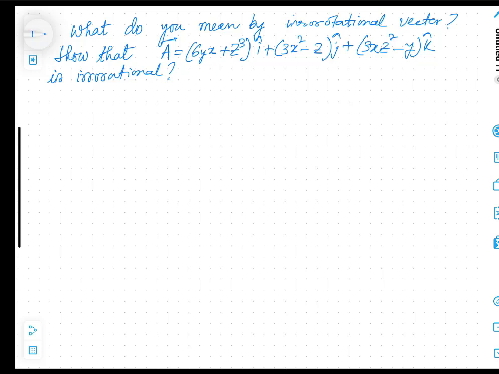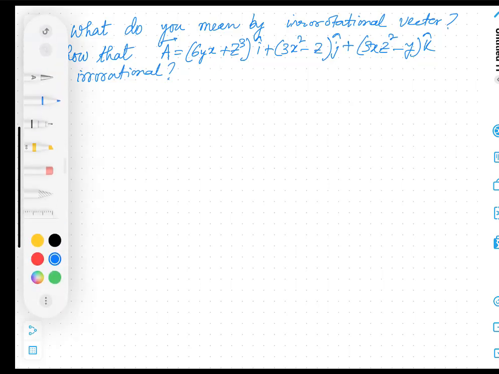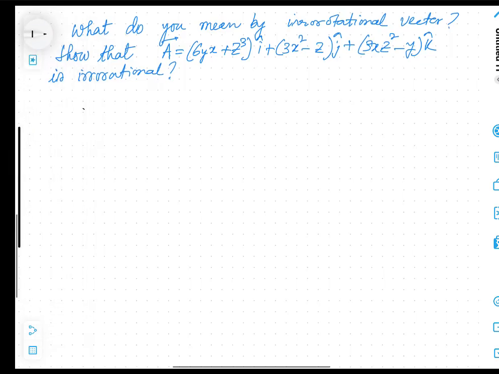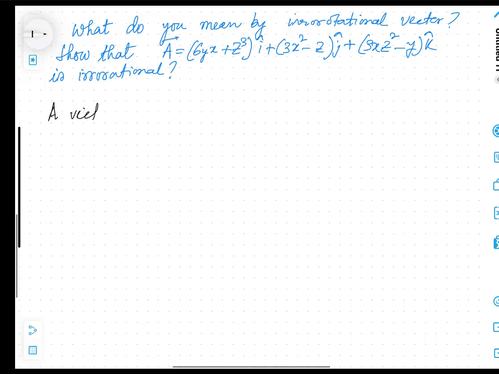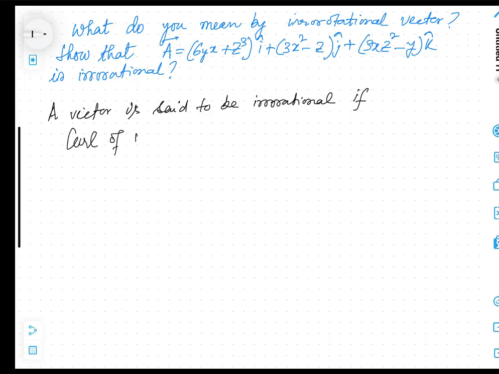So let me define what is an irrotational vector. In terms of condition, a vector is said to be irrotational if curl of the vector is equal to 0.